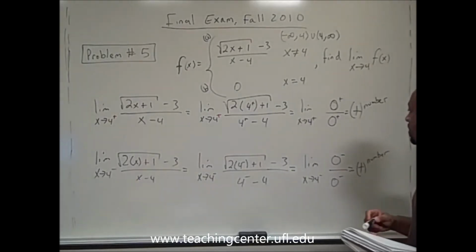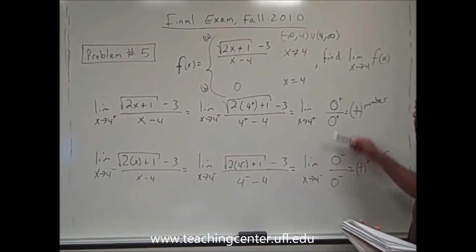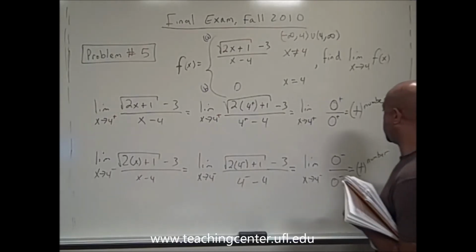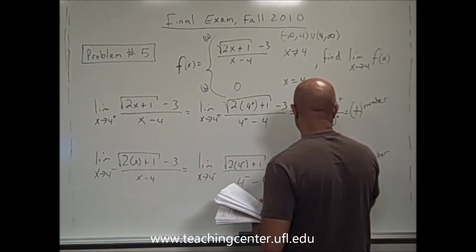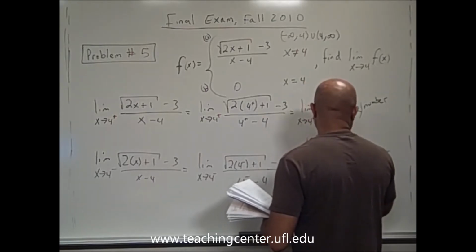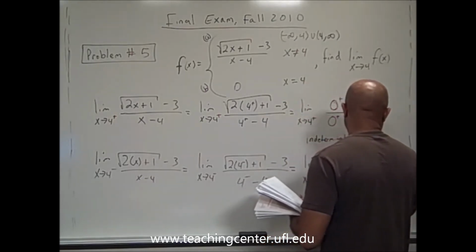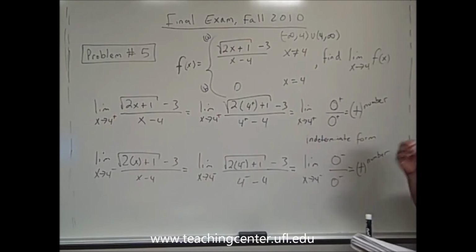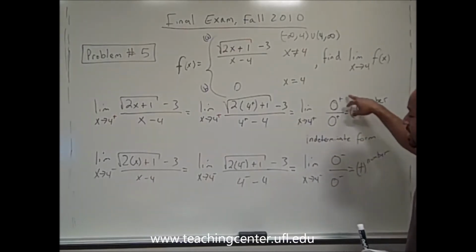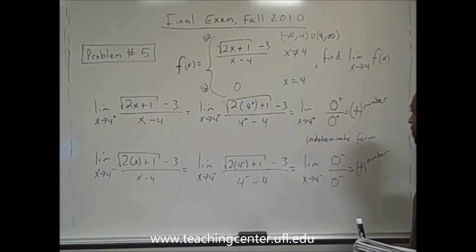We know that it's going to be positive, but when we get 0 over 0, we know that's an indeterminate form. If we plugged in x equal to 4, we would get exactly 0 over 0, which would be an indeterminate form.